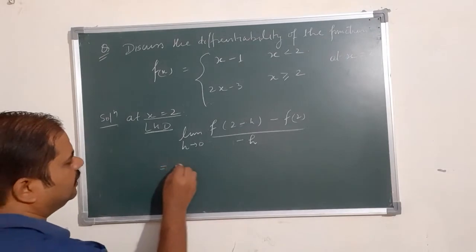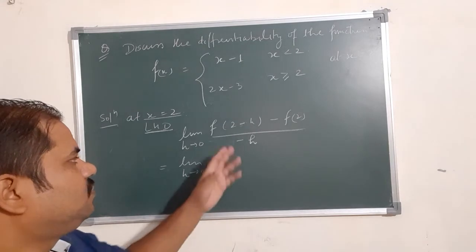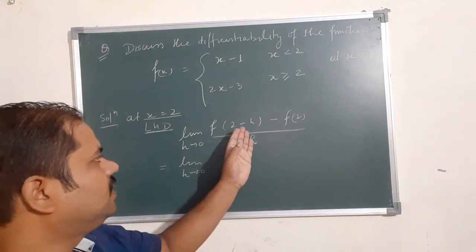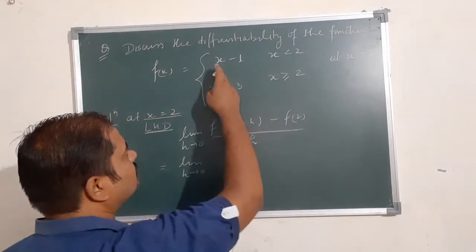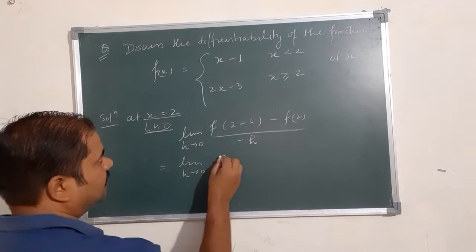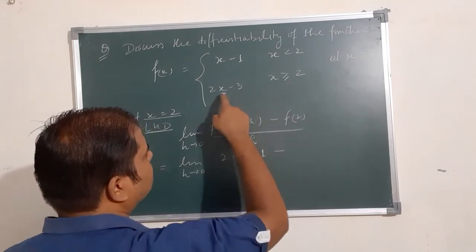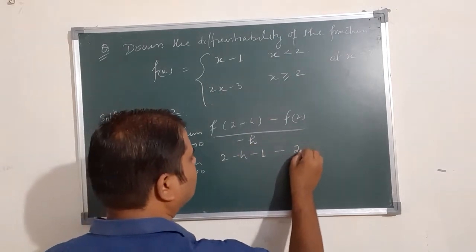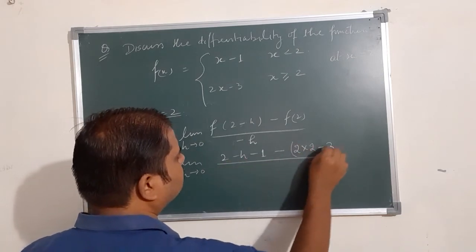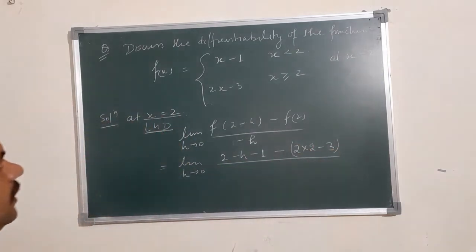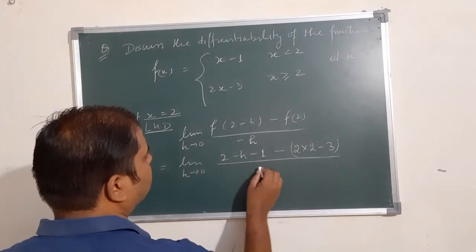So if we see limit h tends to 0, f of 2 minus h, h is greater than 0, so the quantity 2 minus h is less than 2, and for less than 2 the function is defined as x minus 1. So we write here 2 minus h minus 1 minus f(2); at x is equal to 2 the function is 2x minus 3, then 2 into 2 minus 3, divided by minus h.